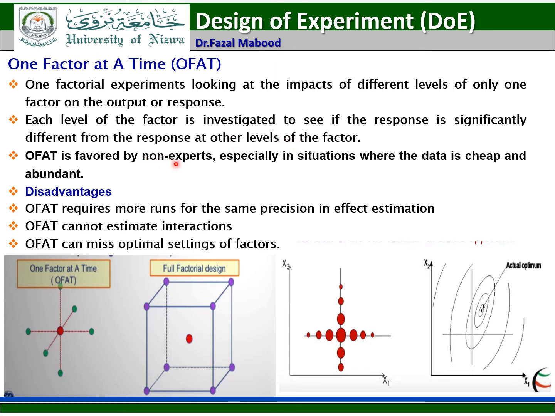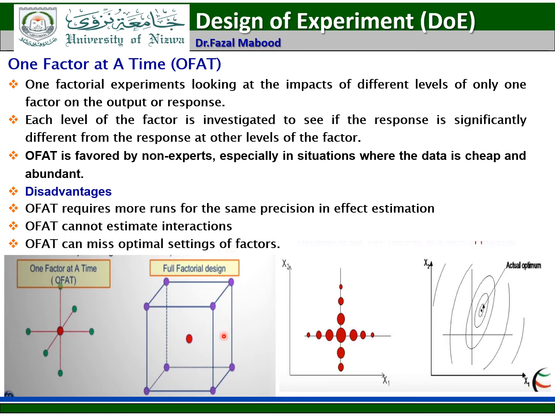OFAT is favored by non-experts, especially in situations where the data is cheap and abundant. Disadvantages: OFAT requires more runs for the same precision in effect estimation. OFAT cannot estimate interaction. OFAT can miss the optimal setting of factors.